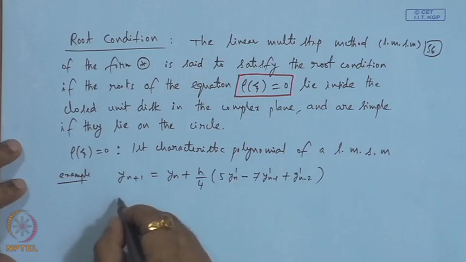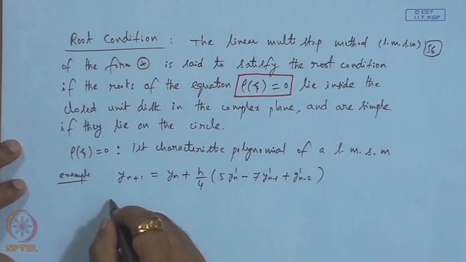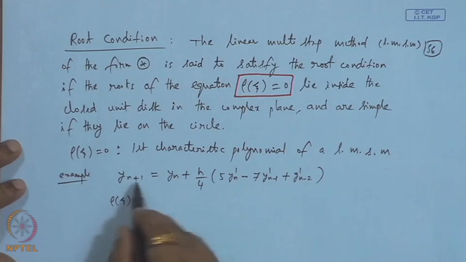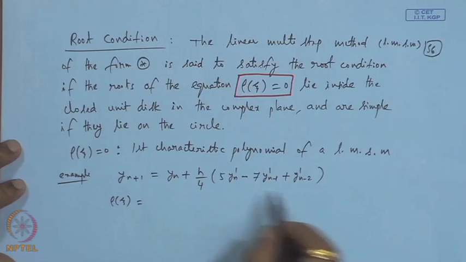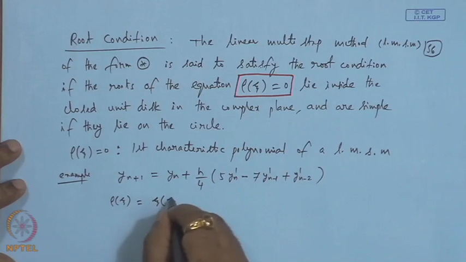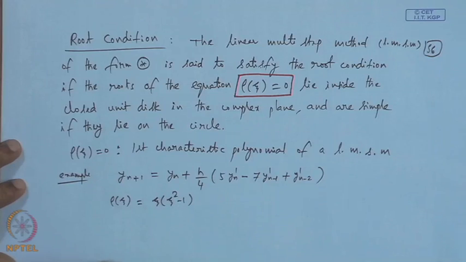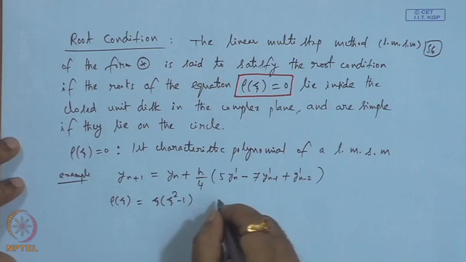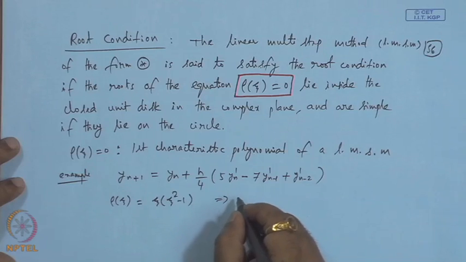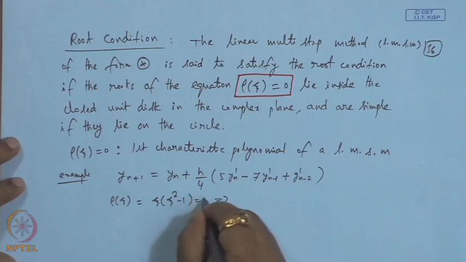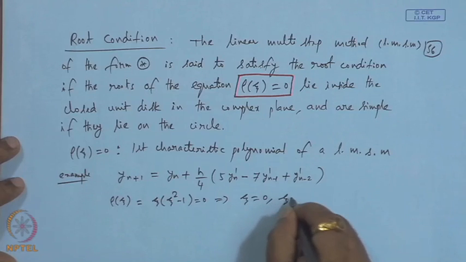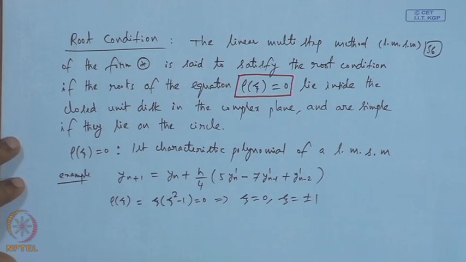If this is the case, then what is our rho of zeta? This is only these two terms, and this is a 3-step method. So, this will be zeta squared minus 1. This is our characteristic polynomial, so zeta equals 0, zeta equals plus or minus 1.